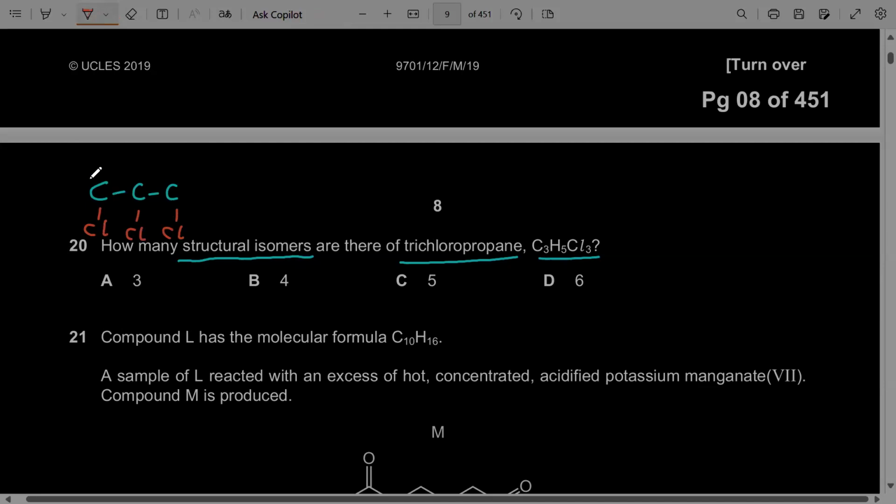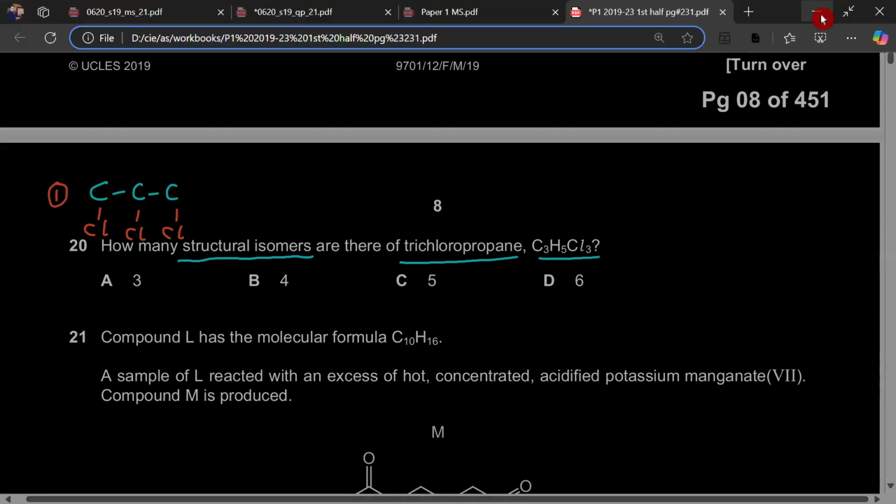We will have 2 hydrogen atoms on the left carbon, 1 on the central, and 2 on the right. So in total, we will have 5 hydrogen atoms. So this structure belongs to this molecular formula. Now I have got one structure over here, which is considered to be the first isomer.